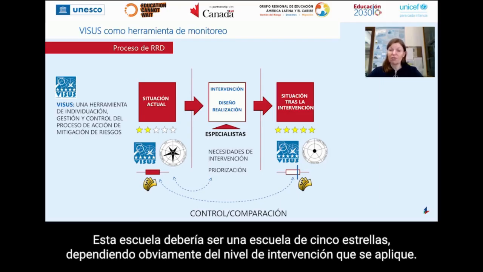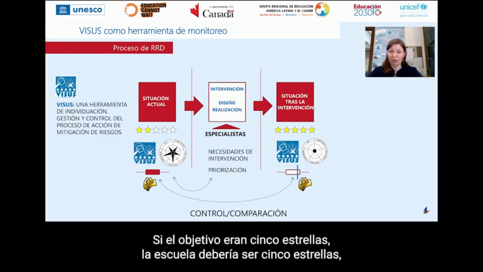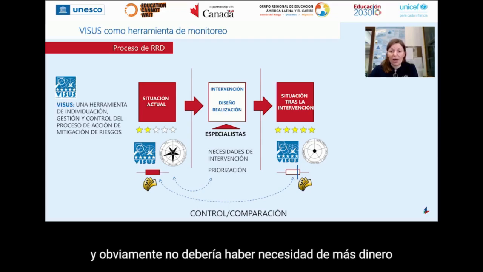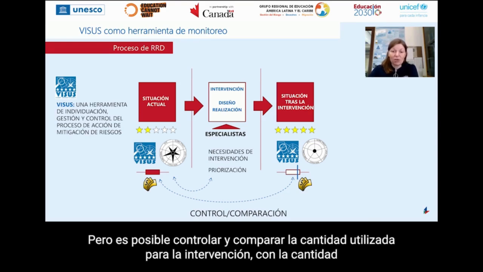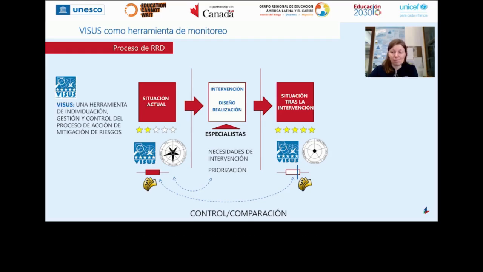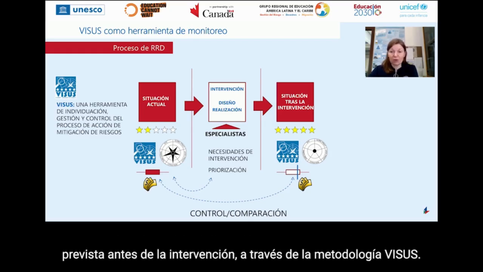The school should be a 5-star school, depending obviously on the level of intervention applied, but if the target was 5-star, the school should be 5 stars, and obviously there should be no need of other money for intervention because everything is fine. But it is possible to control and compare the amount used for the intervention with the amount foreseen before the intervention through the VISUS methodology.